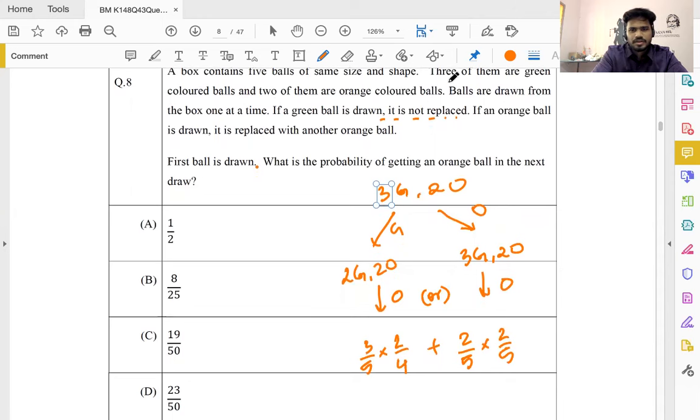Okay. Again, if you quickly calculate what this boils down to, I suppose this is 23/50. Just calculate this fraction. This should come out to 23/50. So not an issue there too.